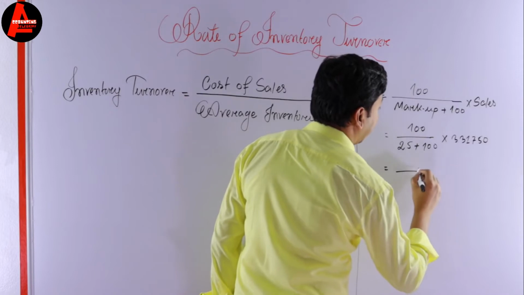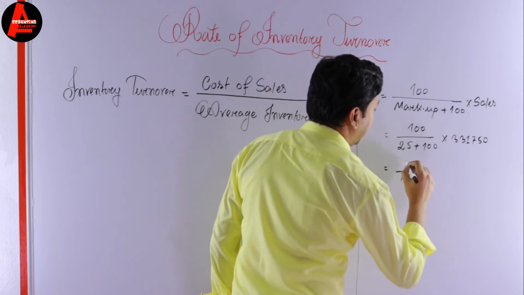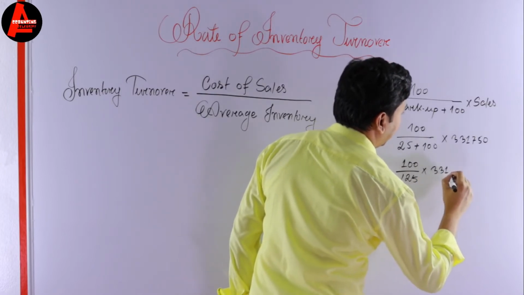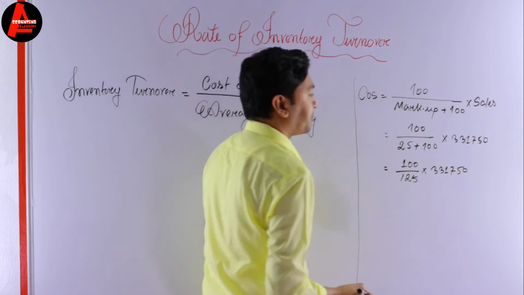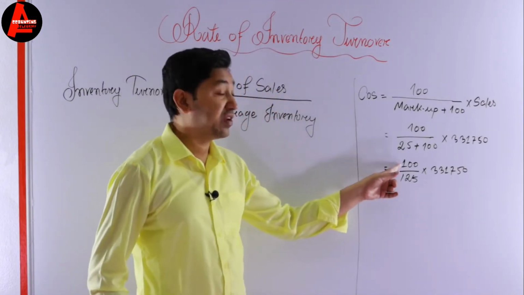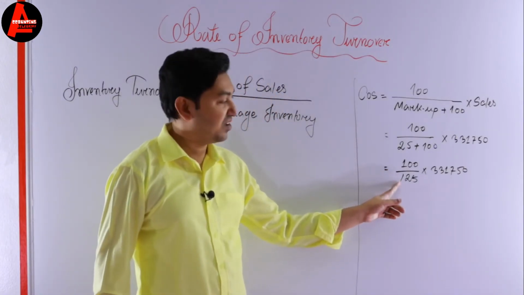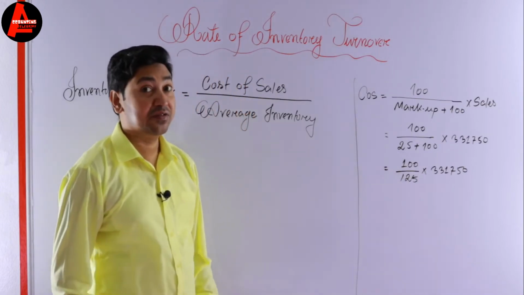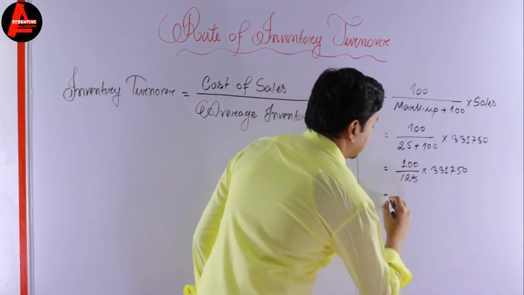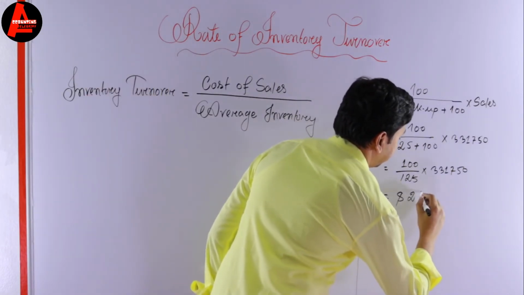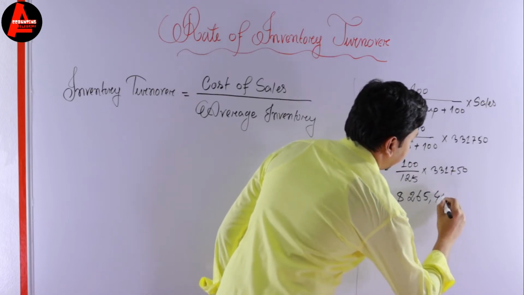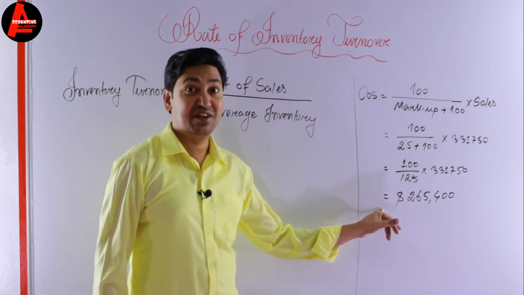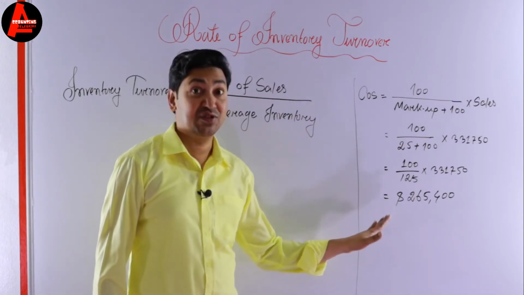First we add 25 and 100, which is 125, and here 100 multiplied by 331,750. Divide 100 by 125, then multiply the answer by 331,750. What do we get? $265,400. This is our cost of sales. It is kind of tricky, but you should know this formula.